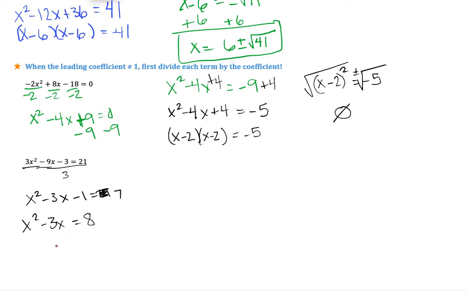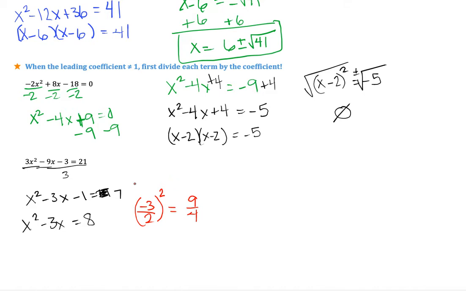And then I'm going to use the magic number, which is half of b squared. Now, I like to use fractions. So half of b is negative 3 over 2, and squared is going to give me 9 over 4.